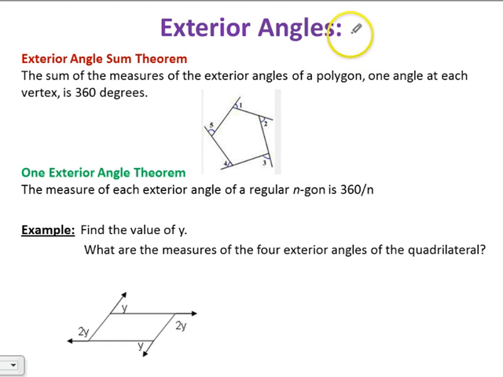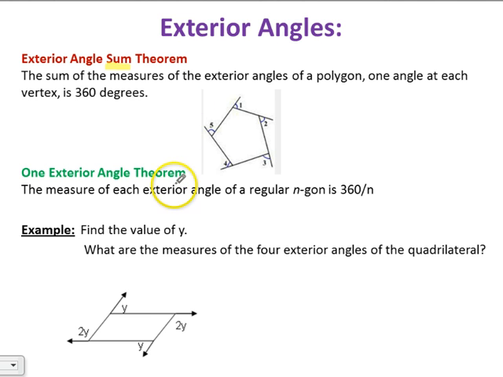Alrighty, so let's review what we learned last week, not last year. Maybe you learned something about exterior angles last year, but what did we learn last week? So let's first start with the exterior angle sum theorem. Remember, sum is when you add a bunch of numbers together, it's what you get. That is your sum.